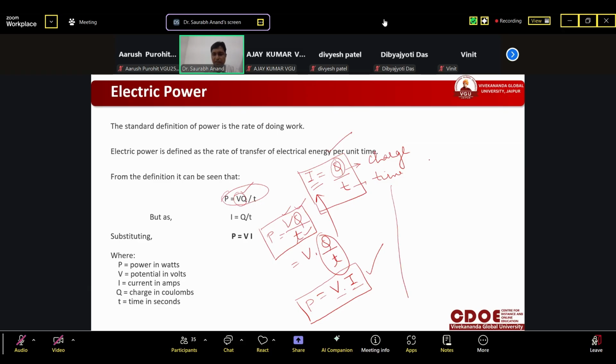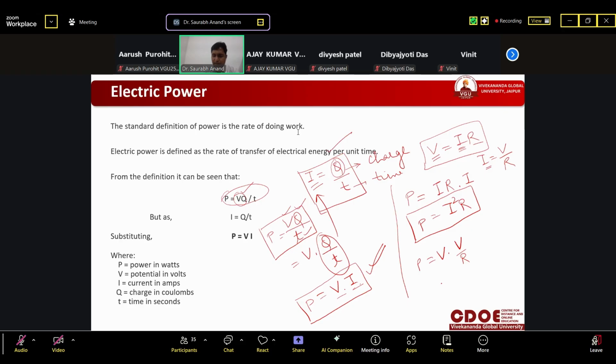Further, we have studied V is equal to IR from Ohm's law, right? So we can replace V by IR. So P is equal to V, written as IR, into I, which is already there. So it becomes I square R. This is another formula for calculating the power. And if we don't have the current value, then I can be written as V upon R. We put this value of I in the formula, so P is equal to V into I becomes V into V upon R, so it becomes V square upon R. This is also one.